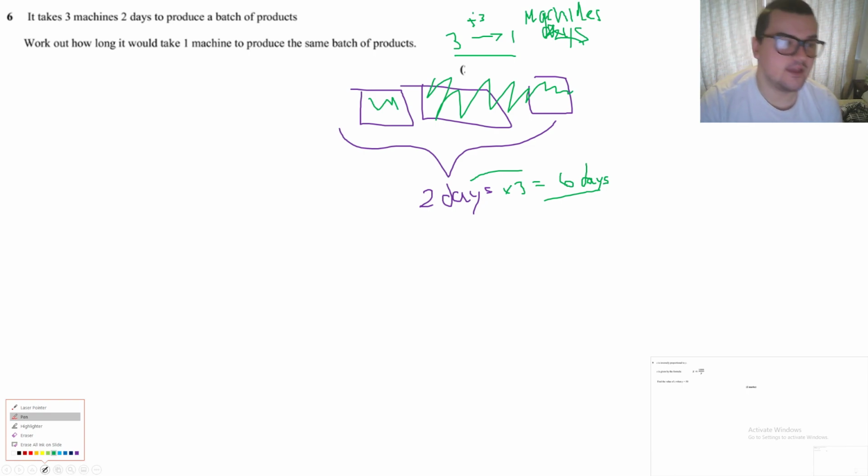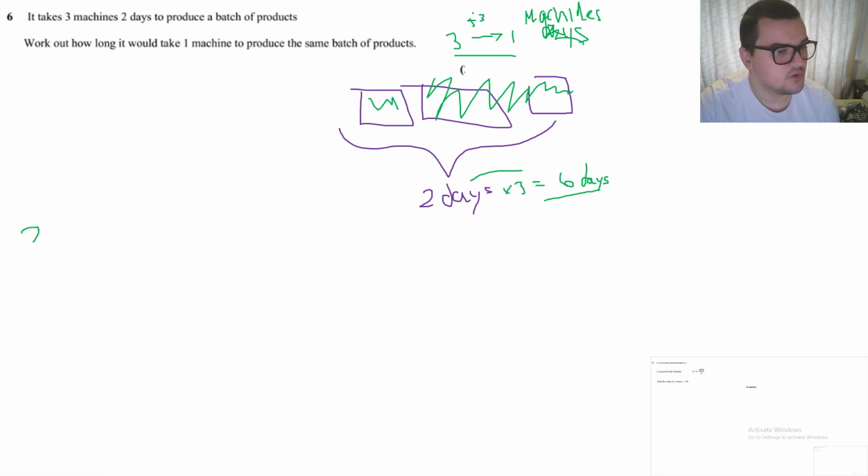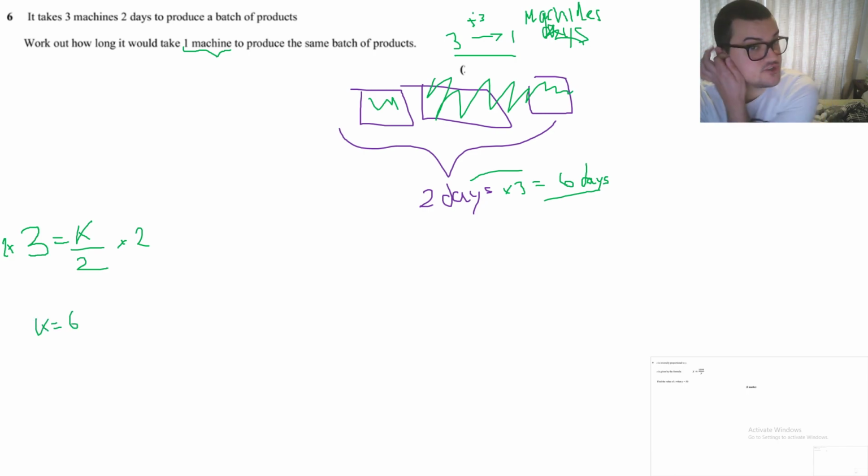Algebraically, we can say that 3 equals k over 2. And we would solve for k. K is what we'd be looking for. K is the 1. We times both sides by 2. And k equals 6. Some questions might ask you to say, how long would it take 4 machines?